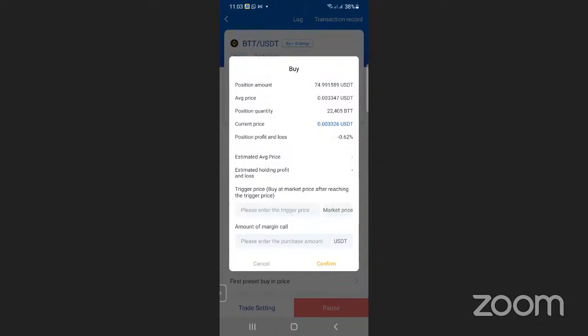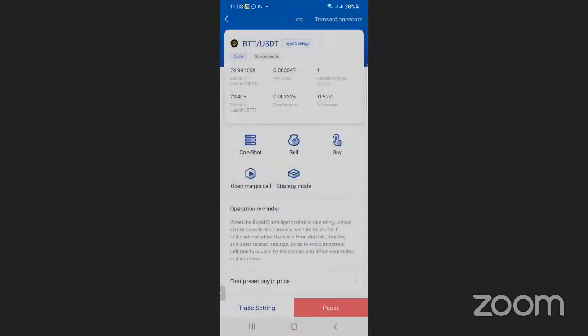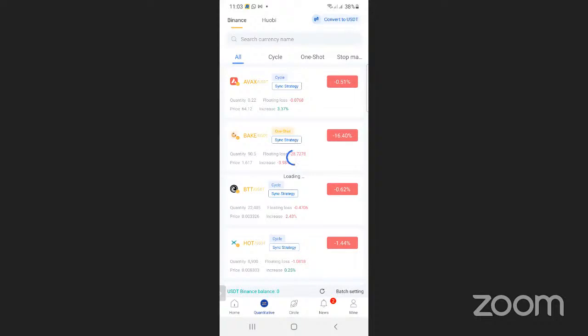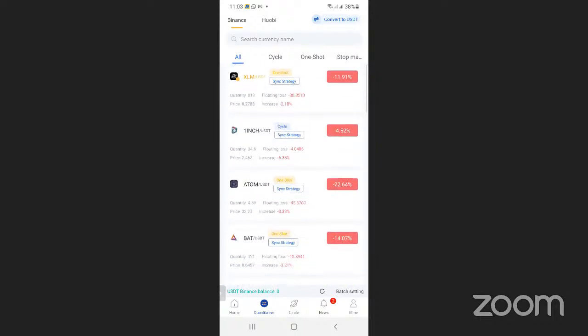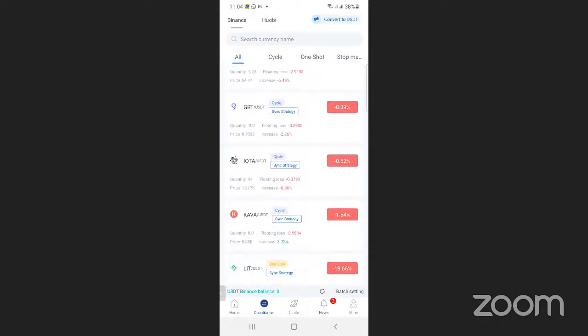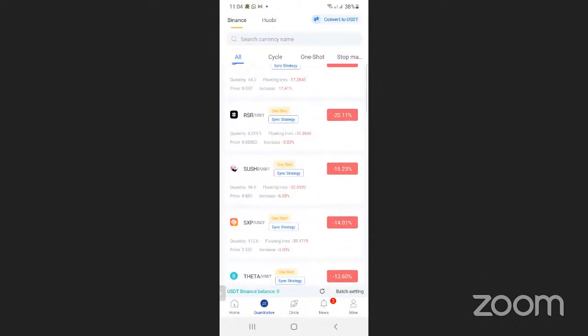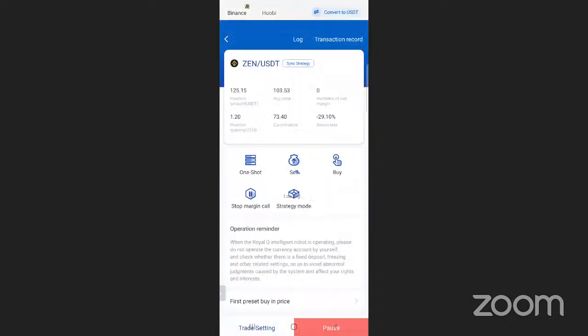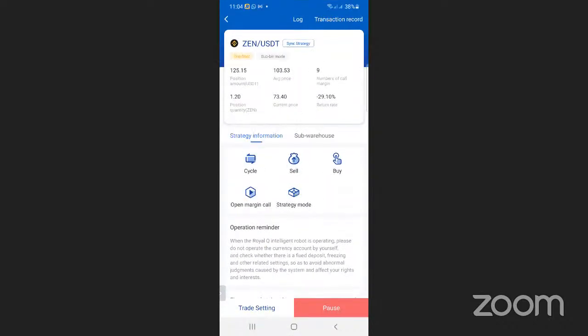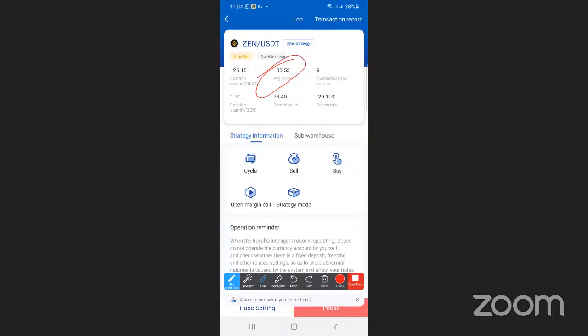For example, if I have enough money in my USDT and I want to attack one of these coins, I call it attacking, and I want to make profit. For example, which coin has too much floating loss? This one. Look, if I want to move my average price, Xavi, to my current price, what do I need to do?